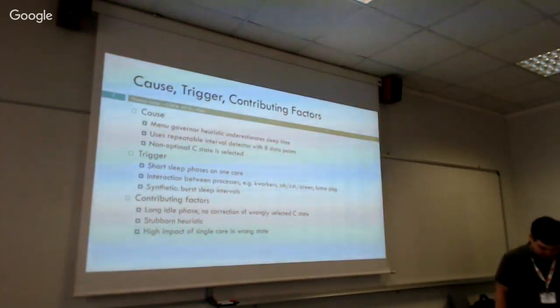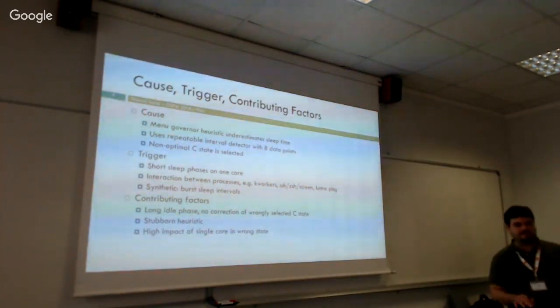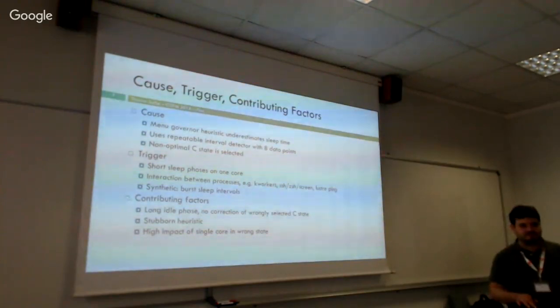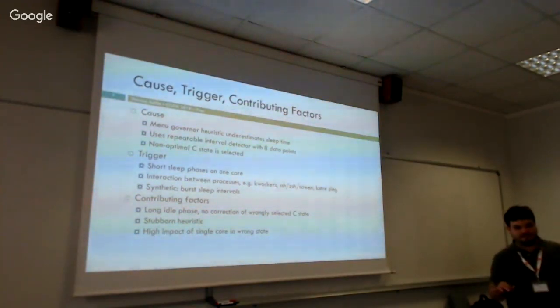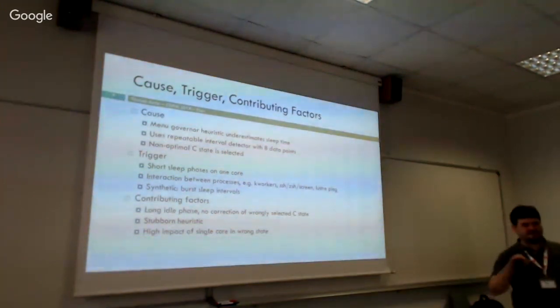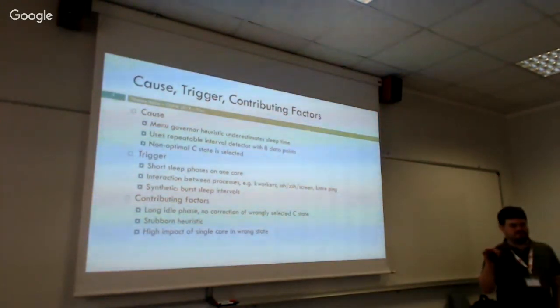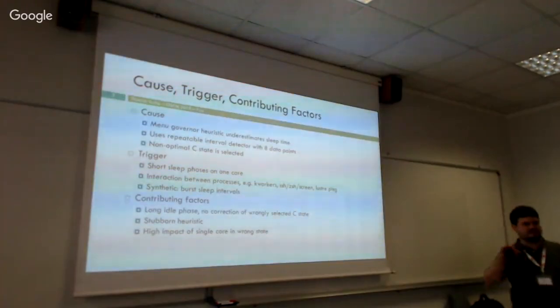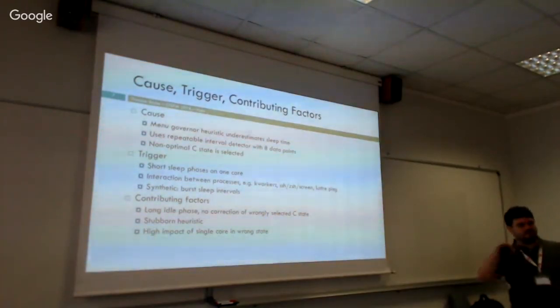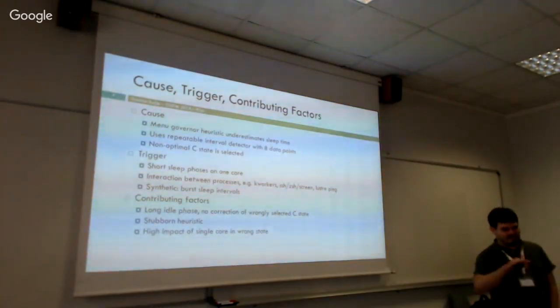So we discuss in the paper in detail whether you can use the auto demotion. So auto demotion is, I believe, from C3, and there's auto undemotion, but there's no auto promotion. But we did not have auto demotion enabled.